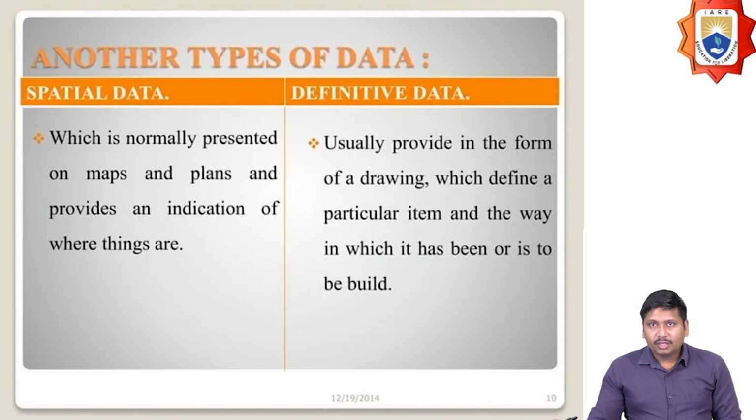Let me explain some other types of data also available. Spatial data is normally presented on maps and plans and provides an indication of where things are.